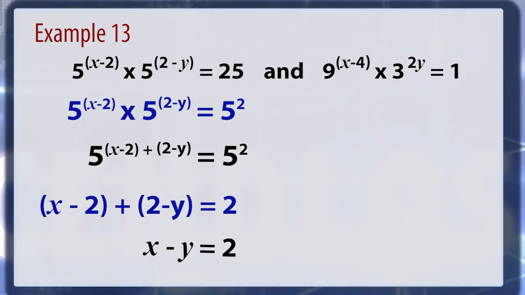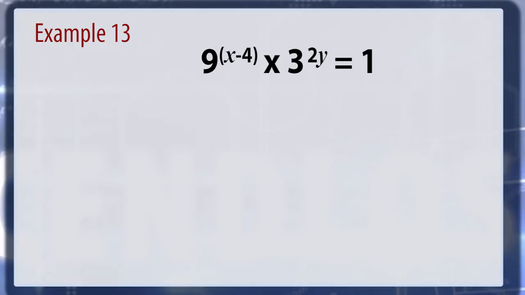And you get x minus y is equal to 2. We will now call that equation 1 and put it aside. Then we go back and take the second equation. That equation says 9 raised to the power x minus 4 times 3 raised to the power 2y is equal to 1.